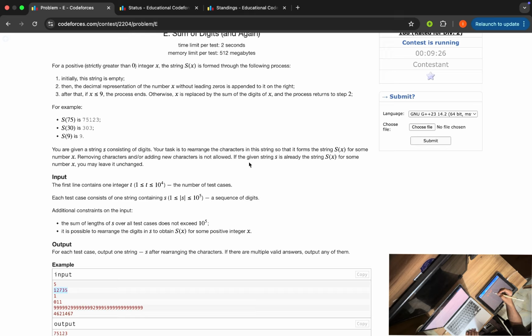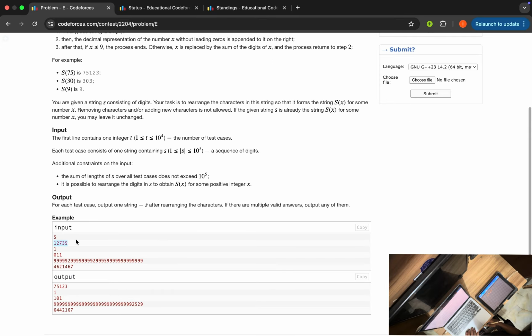Removing characters or adding new characters is not allowed. If the given string s is already the string for the number x, you may leave it unchanged. For example, 1 2 7 3 5.